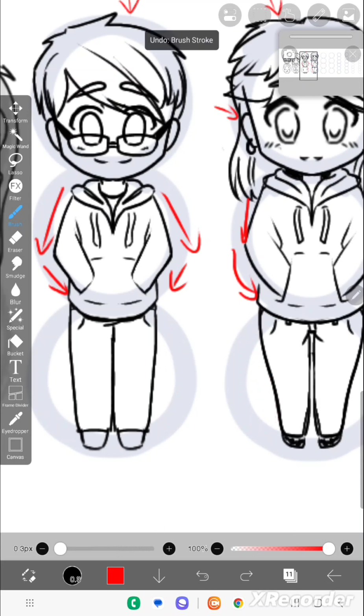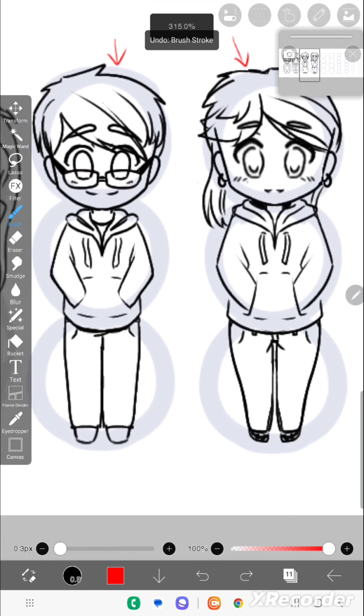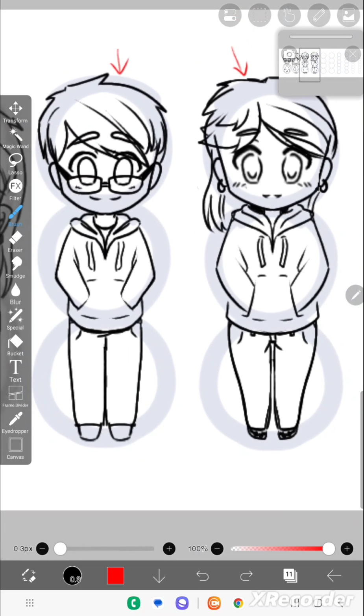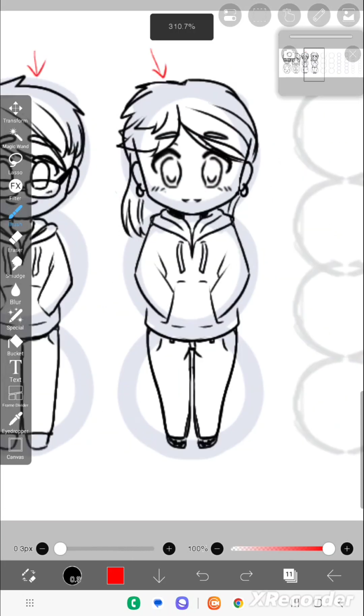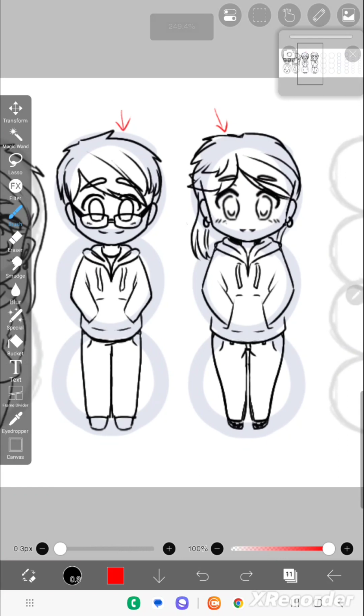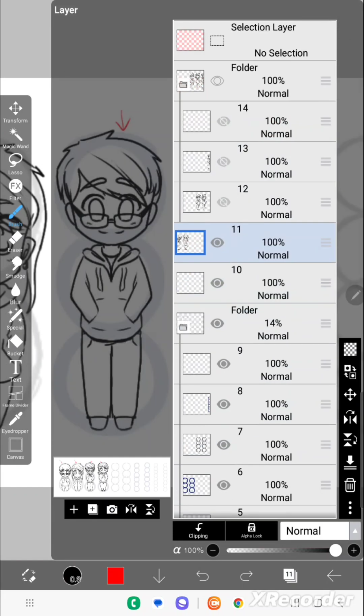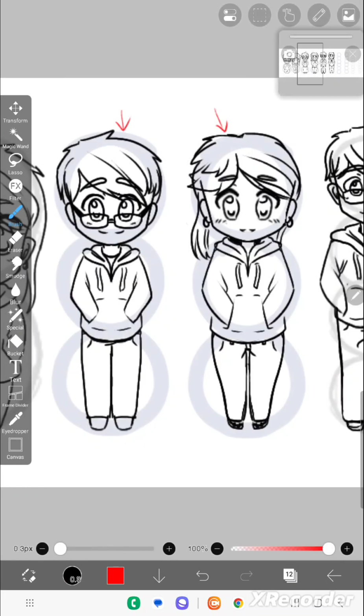You really want to make sure that the female characters you want to be feminine have these curves, and your male characters are more square and sharp. So that's it for the 3 heads, and then we will go to 4 heads tall.